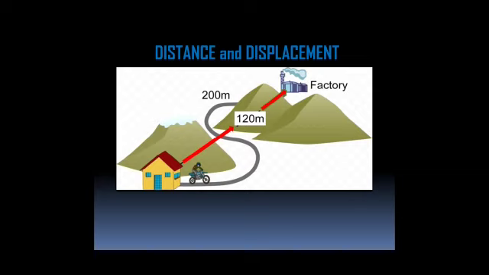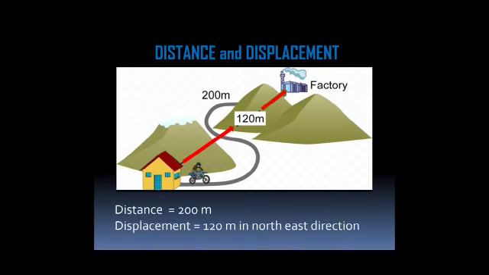To understand motion, we should first learn what is distance and displacement. Look at the picture. A person is traveling from his house to his factory, which is 200 meters away by road, where the direct distance between his home and factory is 120 meters.